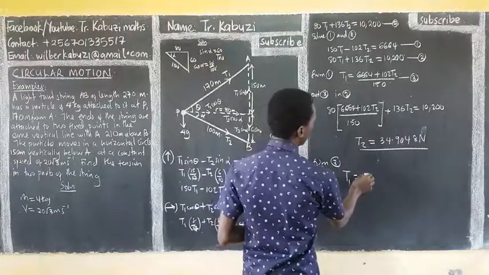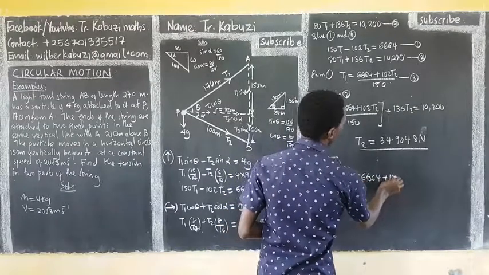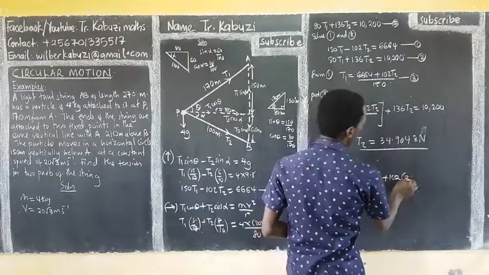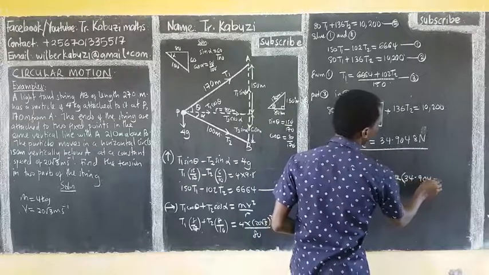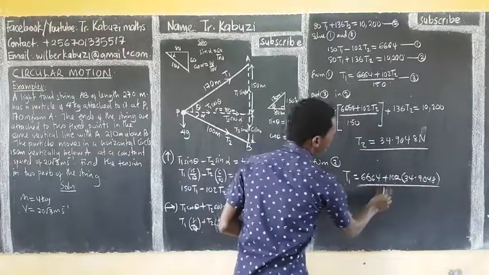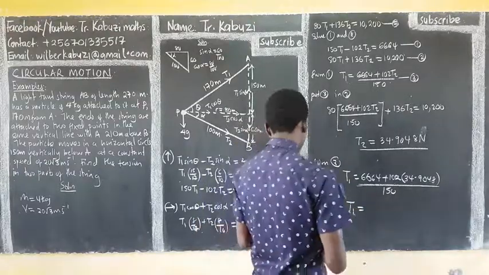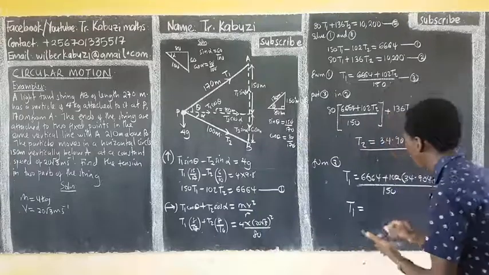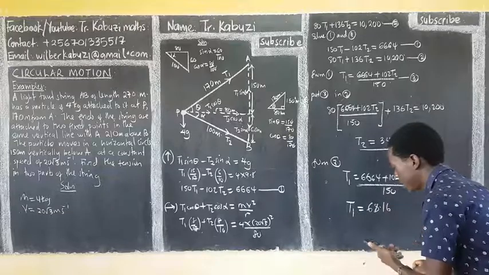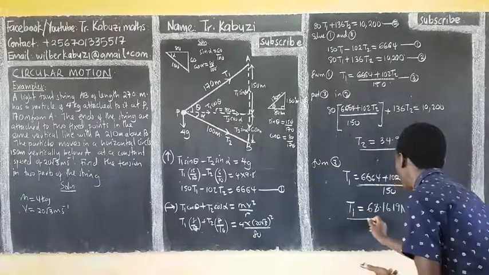It's going to be now 6664, then plus 102 into now T2, which is 34.9048, the whole over 150. So my T1 is going to be 68.1619 newtons, and that's going to be my answer.